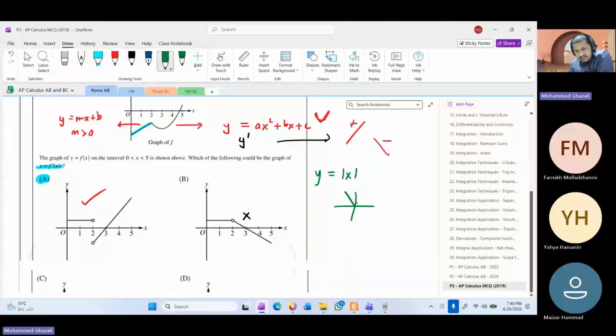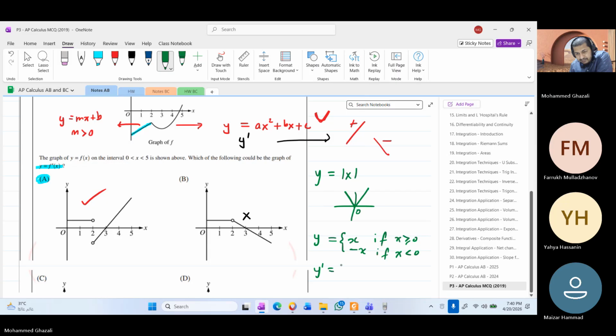The absolute value of x is this function here, continuous at 0, right? But now the absolute value of x can be defined as x if x is greater than or equal to 0, and negative x if x is less than 0. I want you to find the derivative of this.